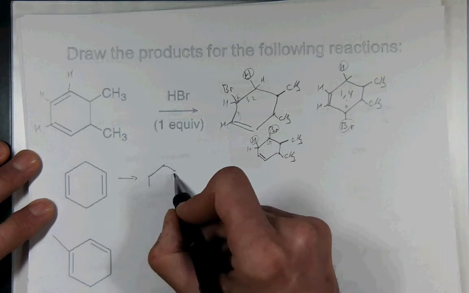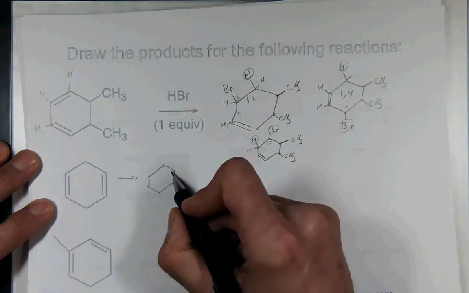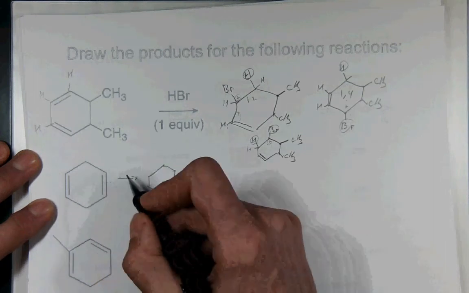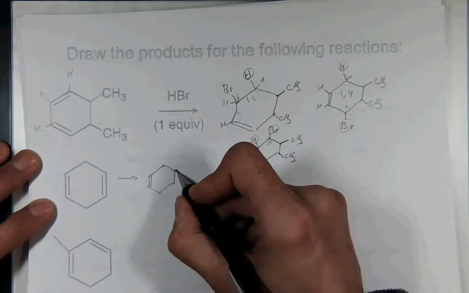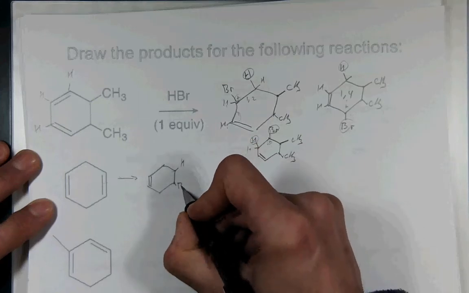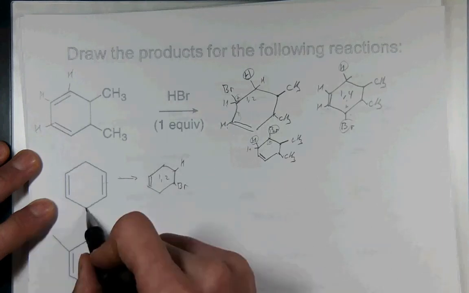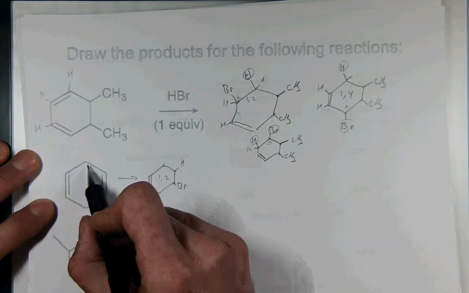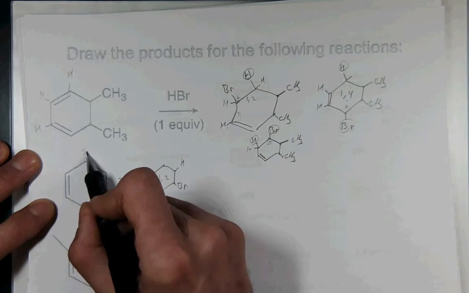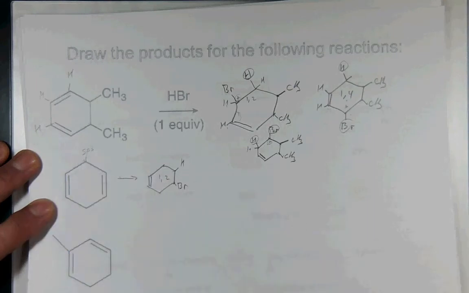For here, it doesn't really much matter. We'll just add the HBr to these guys. We're not going to mess with this one. HBr, it'd be the 1,2 product. These are not conjugated, right? Double bond, single, single. This is sp3 hybridized. That's it. That's all you get.